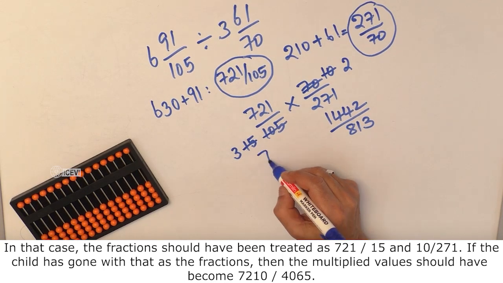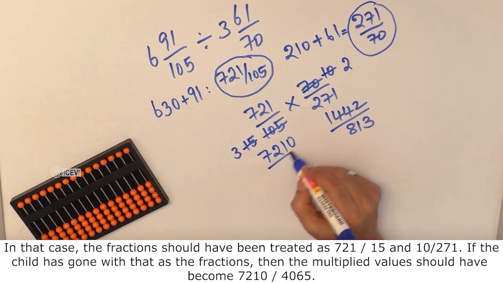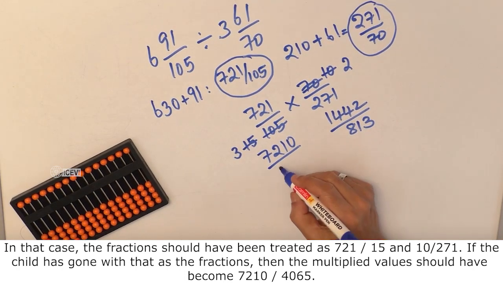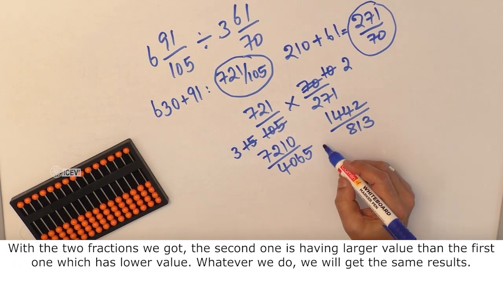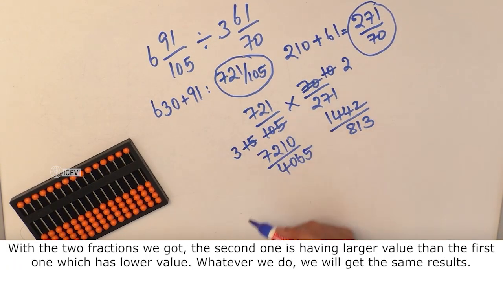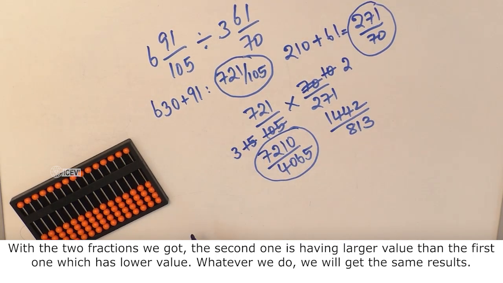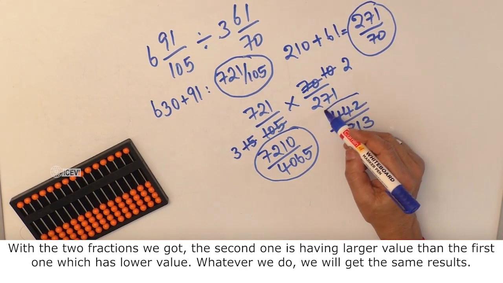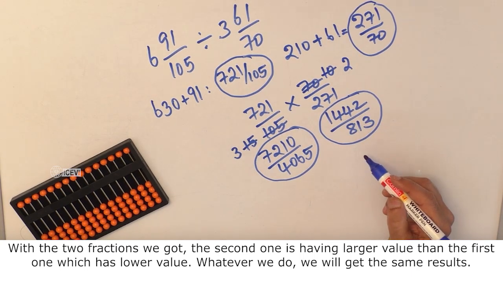If the child has gone with that as the fractions, then the multiplied value should have become 7210 divided by 4065. Now, with the two fractions, the second one we got has a larger value than the first one, which has a lower value.